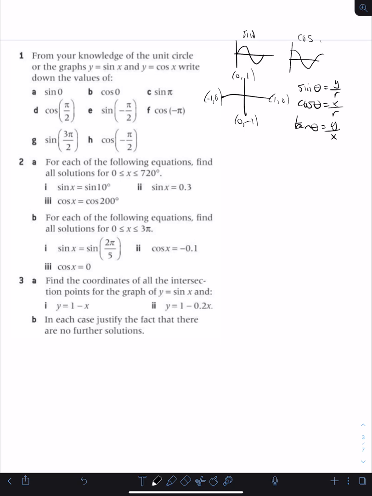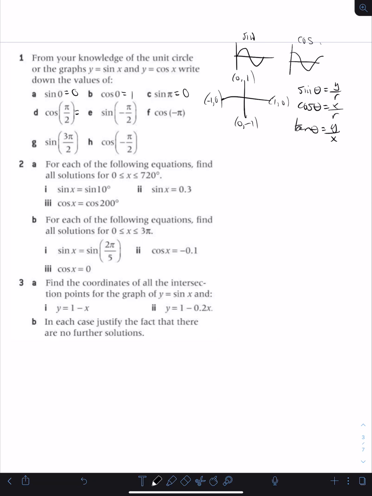The sine of 0 is 0, cosine of 0 is 1. The sine of pi is 180 degrees, and the sine of that is 0. The cosine of pi over 2, that's 90 degrees, that's 0. And the sine of negative pi over 2, oh, did we do negatives? I don't think so. Negative pi over 2 would be negative 90 degrees, which would take you here. So what's the sine of that? Negative 1. And the cosine of negative pi would take you all the way over here.